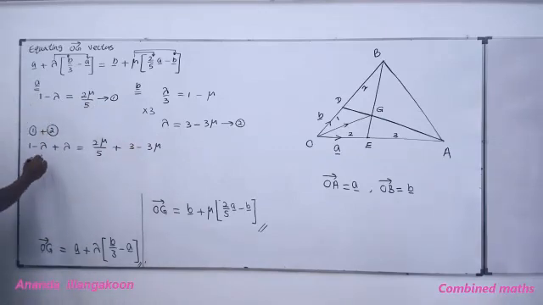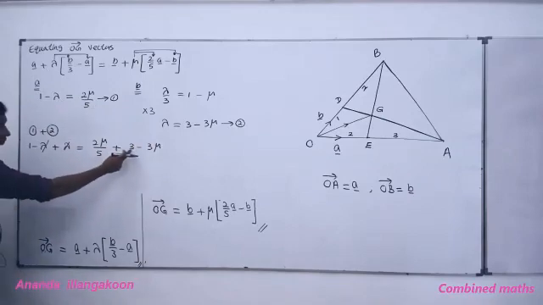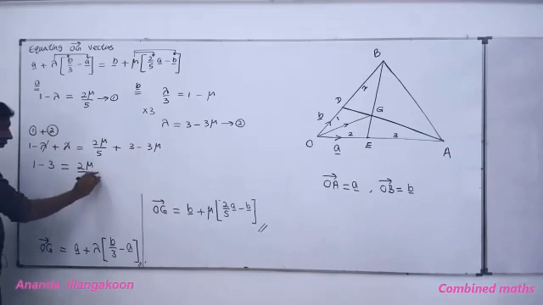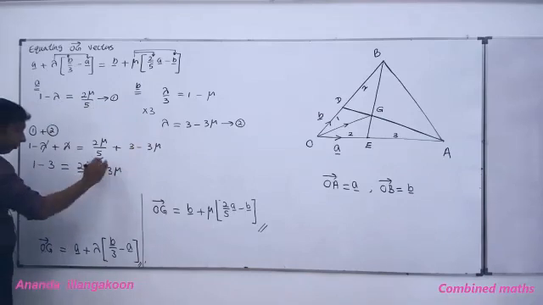You can very clearly notice this minus lambda and plus lambda will cancel down. Bring this 3 to this side, that will be minus 3. Left hand side we have 1 minus 3. On the right hand side we have 2 mu by 5 minus 3 mu.